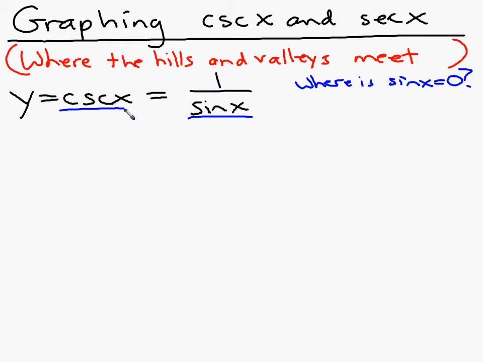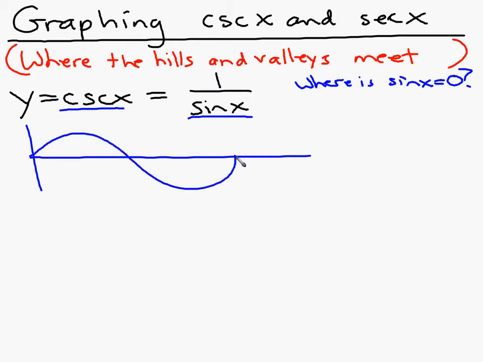just like when we dealt with tangent. So let's just draw a quick sketch of sine. Let's draw the parent function real quick. We know where those places are by now. If I do the parent function, it's equal to 0 here at 0. It's equal to 0 here at pi. It's equal to 0 at 2 pi.